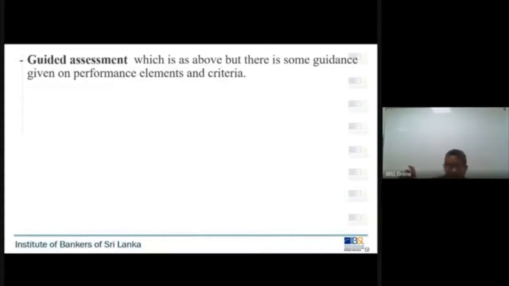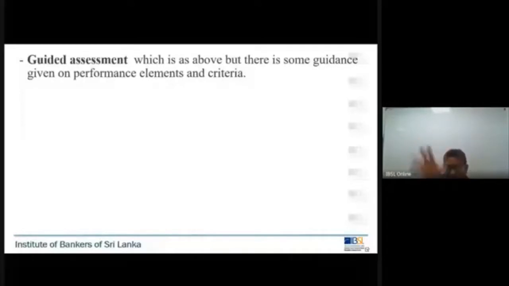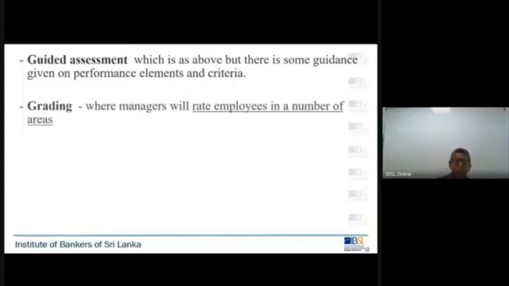They categorically mention these areas: punctuality, attendance, achievement of targets, communication skill, knowledge, all things given by guided assessment. On that particular criteria, you're going to assess your employee. Or sometimes grading. Sometimes the employees may be graded on a number of areas on a certain rate, like job knowledge.